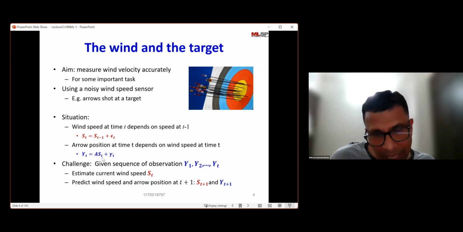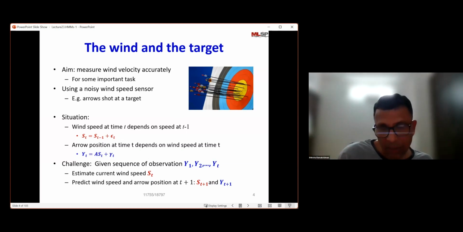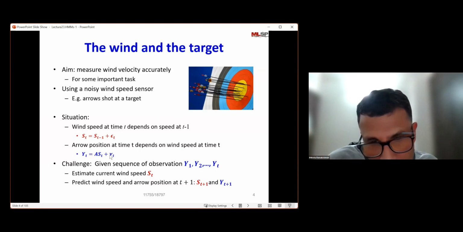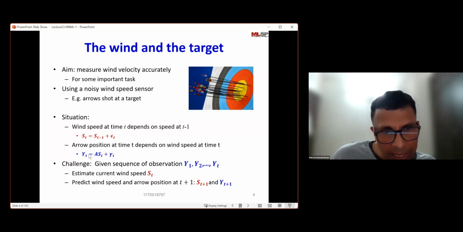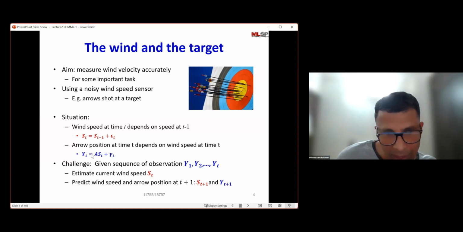It's going to be some A times the velocity, where the velocity is a vector, and A quantifies the time it takes for the arrow to go from your bow to the target, plus some noise, because you're not a perfect shooter, right? So this second equation relates the wind velocity to how much you're going to miss the bullseye by.